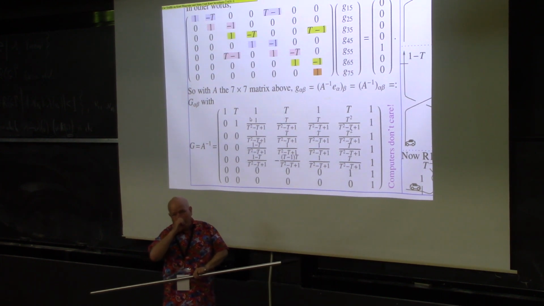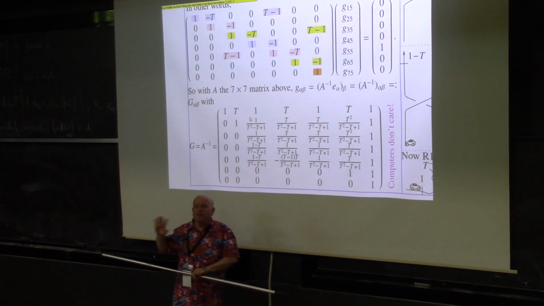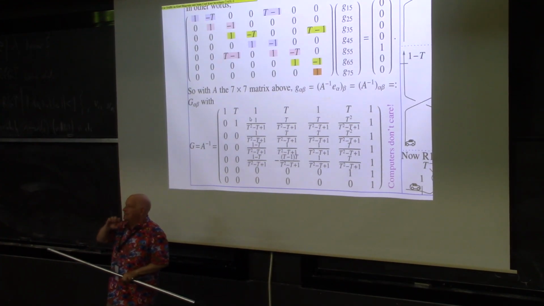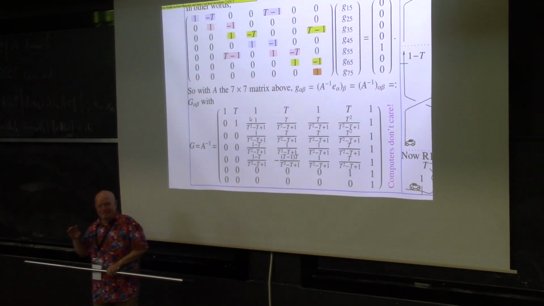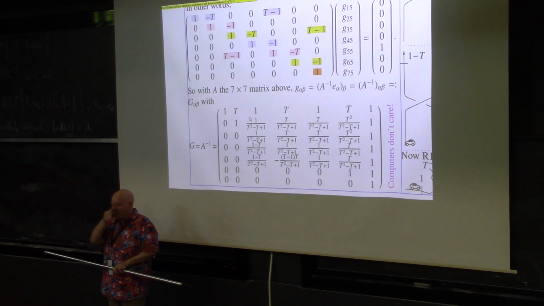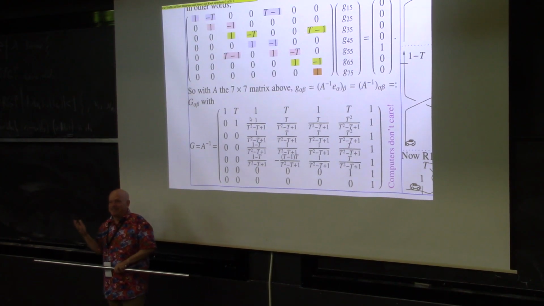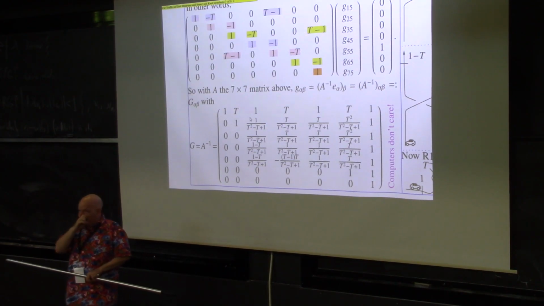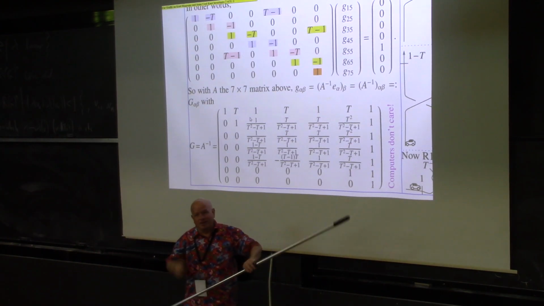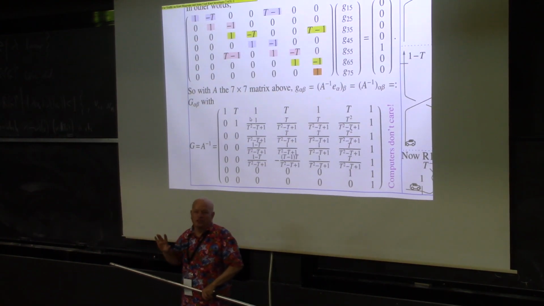Okay. Now, humans tend to think that this is horrible, because inverting a 7 by 7 matrix is like the most hellish exercise I could assign in a linear algebra class. Okay? But in fact, as I write here, computers don't care. And at the end, I want to do my computations on a computer.